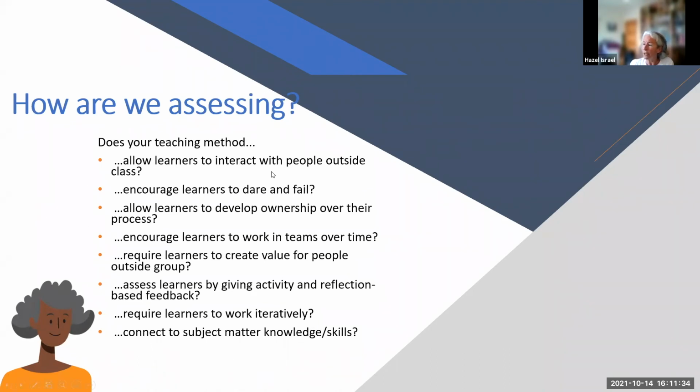Are we allowing learners to interact with people outside of class? Are we encouraging learners to take risks, to dare and to fail? Can they have more than one attempt at getting it right, which is what happens in real life? Do we allow learners to develop ownership of their progress and process?